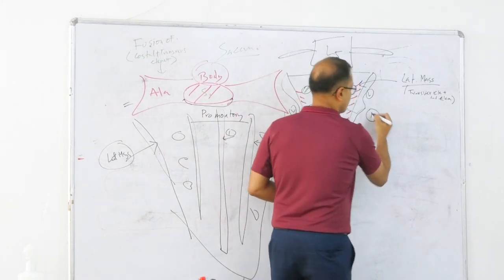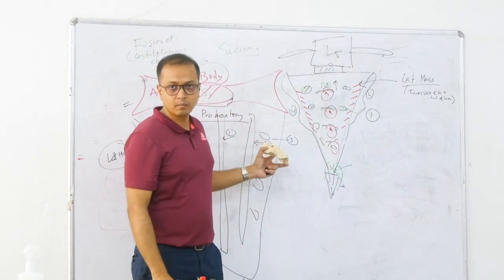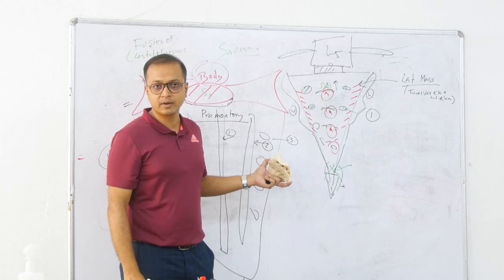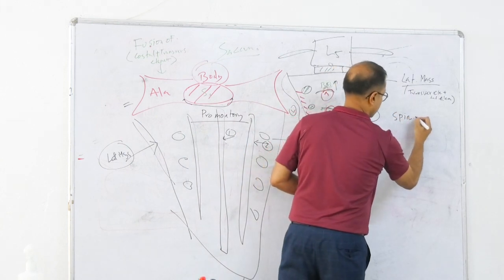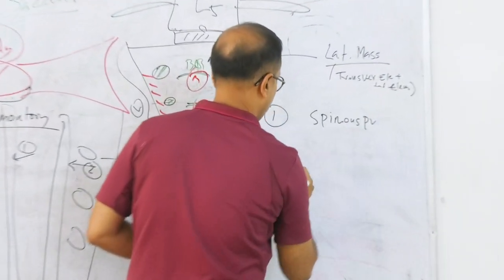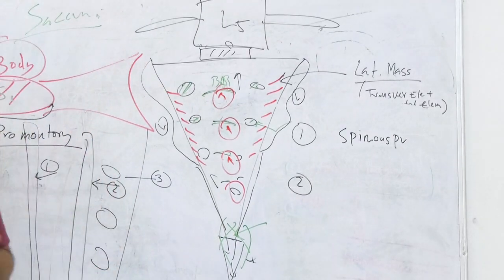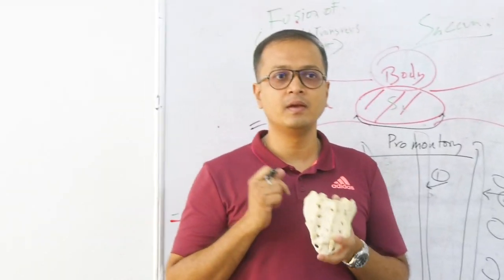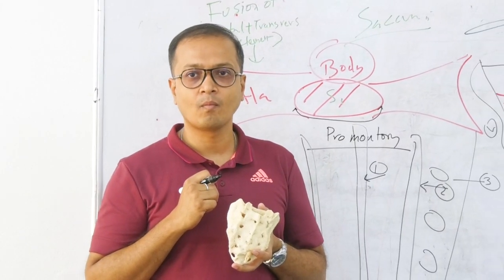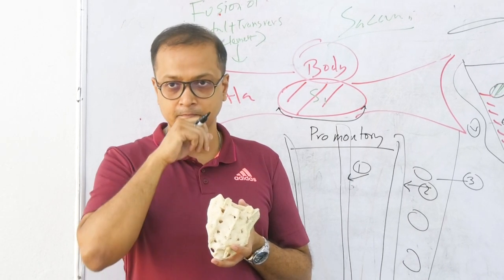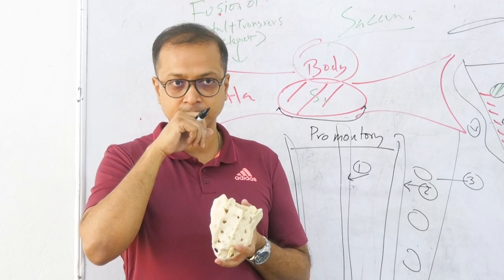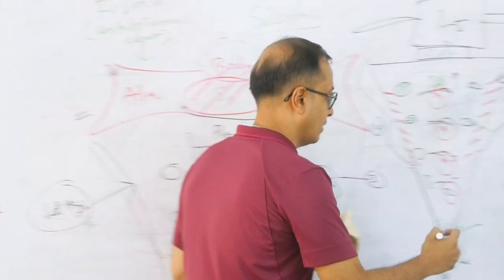Number 1. What is number 1? Medial sacral crest. Who makes the medial sacral crest? Spinous process. So, who makes this number 2? Intermediate. And who makes this number 3?